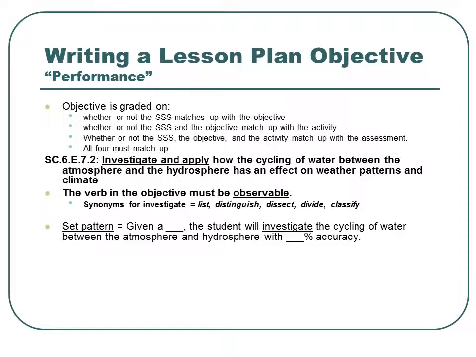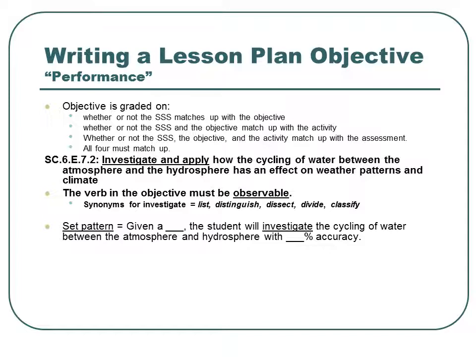So I would go to Bloom's list once again and find a synonym that is observable. I like the synonyms list: distinguish, dissect, divide, and classify. These verbs show the student is not only doing something interiorly. Exteriorly, he is dividing the water cycle process into steps. He's distinguishing distinct steps. He's listing the steps.